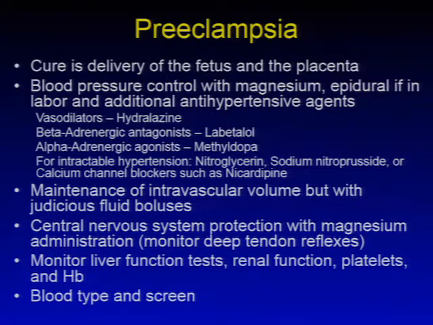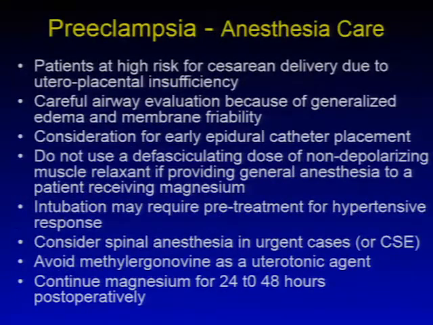Preeclamptic women often receive magnesium sulfate for central nervous system protection from seizures, and they need to be monitored for dynamic changes in their liver function tests, renal function, platelets, and hemoglobin, and have a blood type and screen available since they are more likely to have bleeding problems. Preeclamptic women are at higher risk for cesarean delivery because of problems with uteroplacental insufficiency. And this may be an urgent operation.